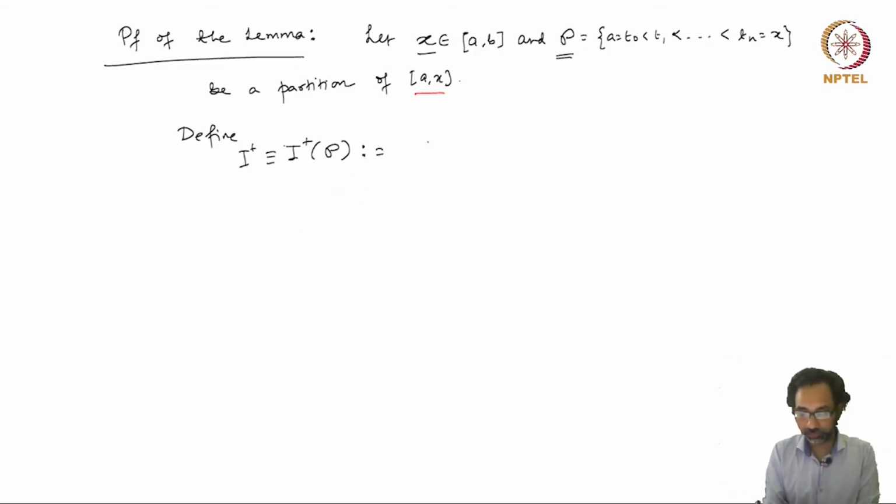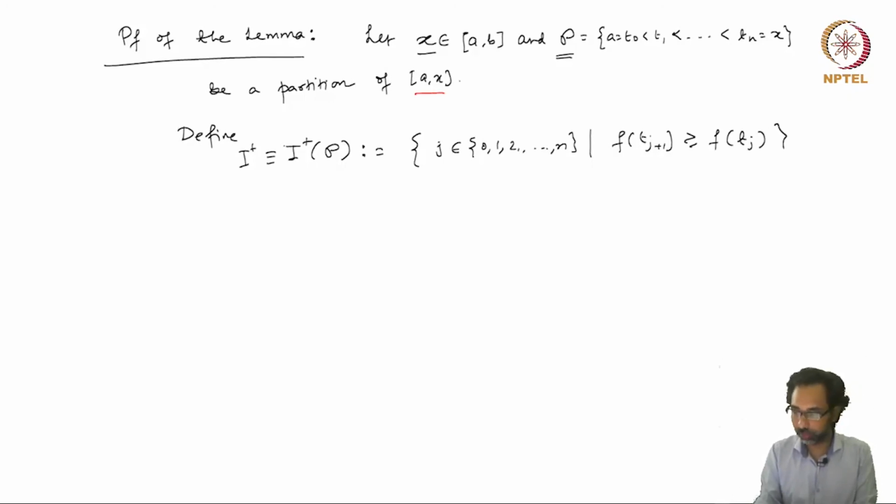This is the set of all j in 0, 1, 2 up to n such that f(tj+1) is greater than or equal to f(tj).